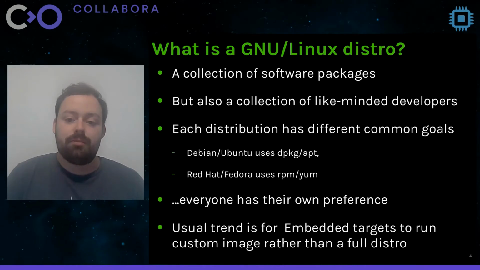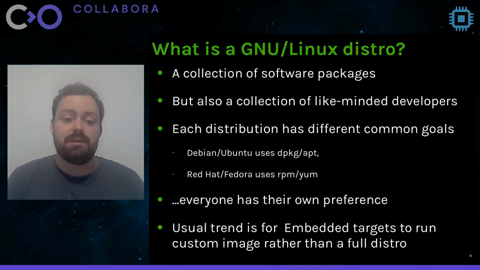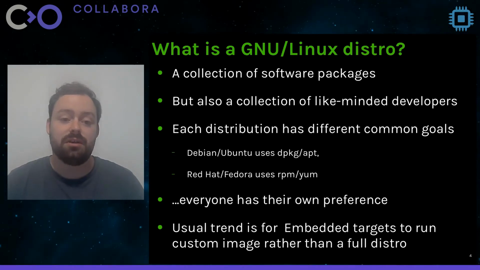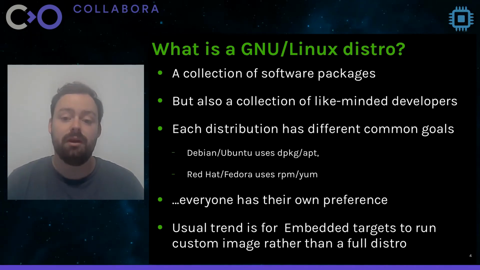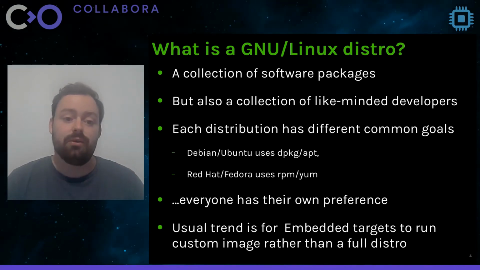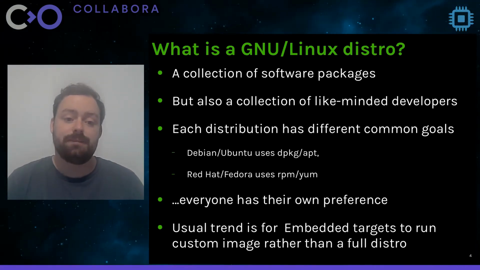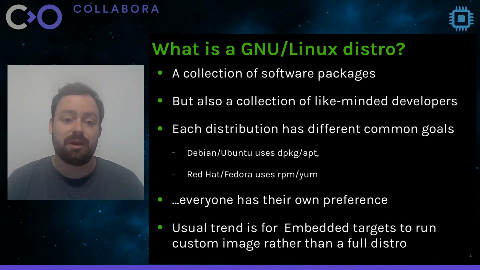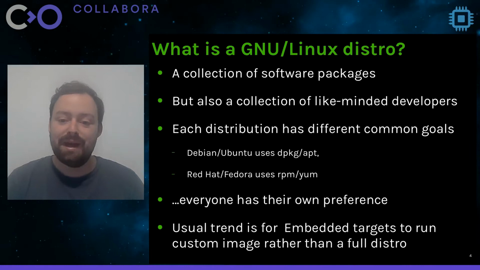My preference personally is Debian. I've been working with Debian since the 2000s, so I am very familiar with Debian. But at the same time, I don't really know a lot about Red Hat or Fedora, so I would suggest asking someone else about Red Hat and Fedora, not me.